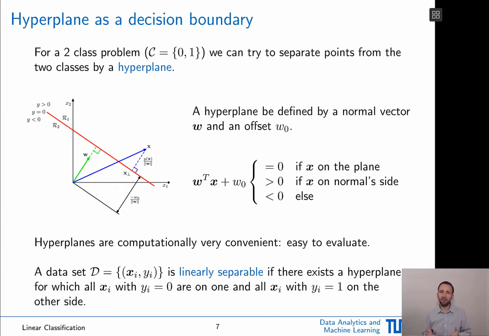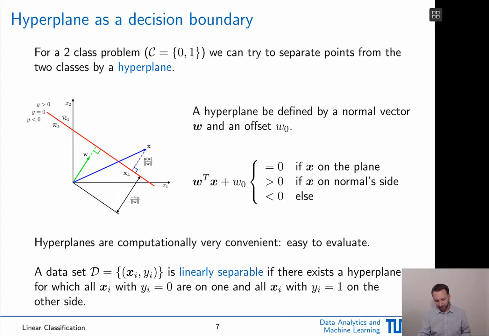It's still a linear function we have to evaluate, and then we get a nice binary classification setting, binary because we have two classes here. Here, one important notion you should all remember. We call a specific data set, meaning input features X and corresponding targets Y, linear separable if there exists a hyperplane which is able to separate these sets.